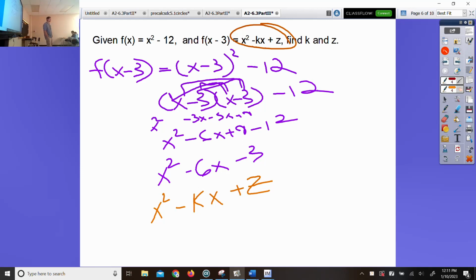So you'd have negative 6x being equivalent to negative kx. And I don't know that that actually needs to be written out. But if there's a negative 6x and negative kx that line up, what's the k value? 6. Tell me the kid that says negative 6. They were both negative. So k is just 6. What's the z value? Not 3. Negative 3. Because only the addition of a negative would make a negative in the first place.